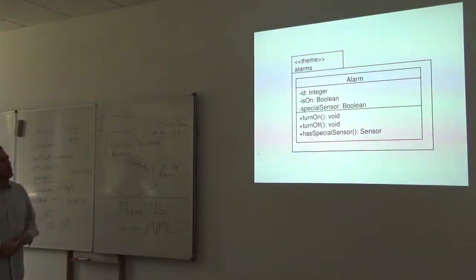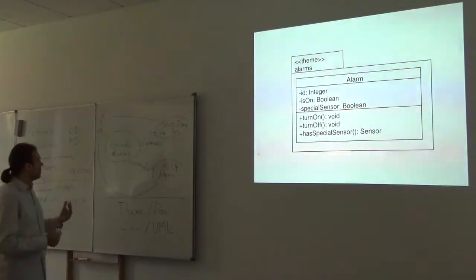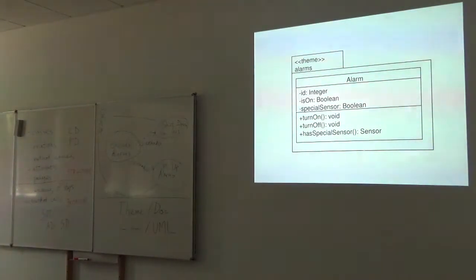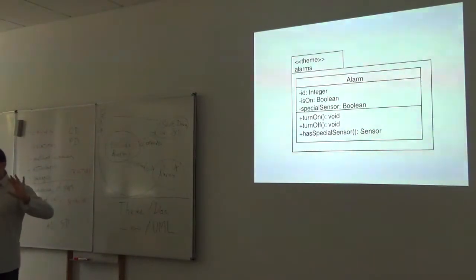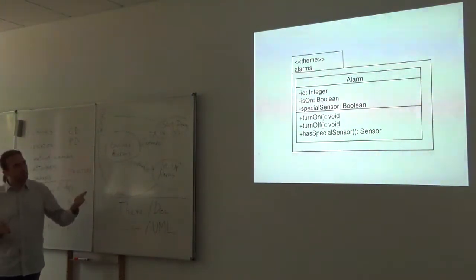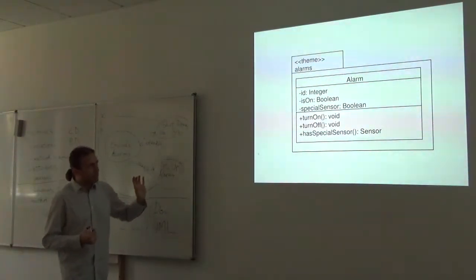So, if we want to cover both things, we might use UML notation, but still, if we want to stick to our partitioning into themes, we might like to preserve this somehow in that UML that we will use to express structure and behavior.